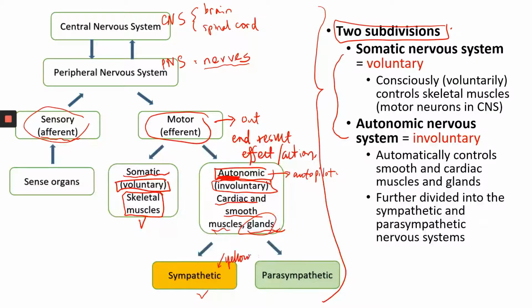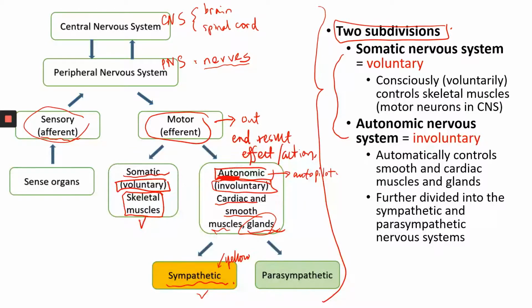So yellow usually indicates a warning, right? Danger, warning. So the sympathetic nervous system is usually activated when you are emotionally stressed, you have a physical threat, almost like you're in an emergency situation. Okay? That's when the sympathetic nervous system kicks in.